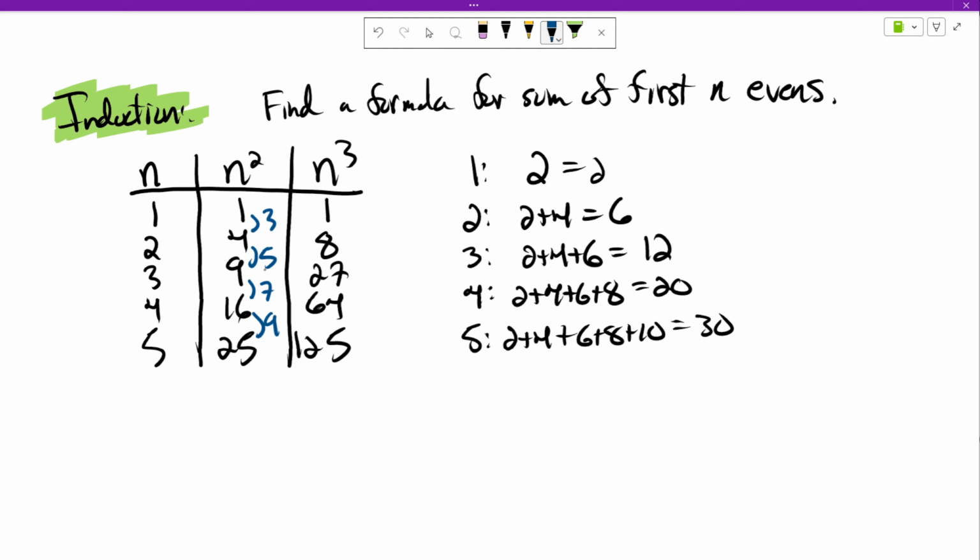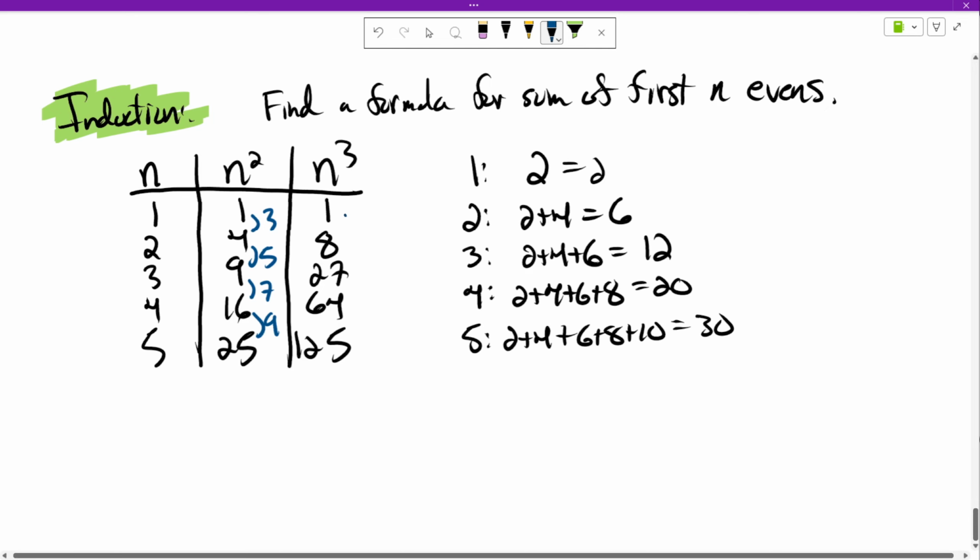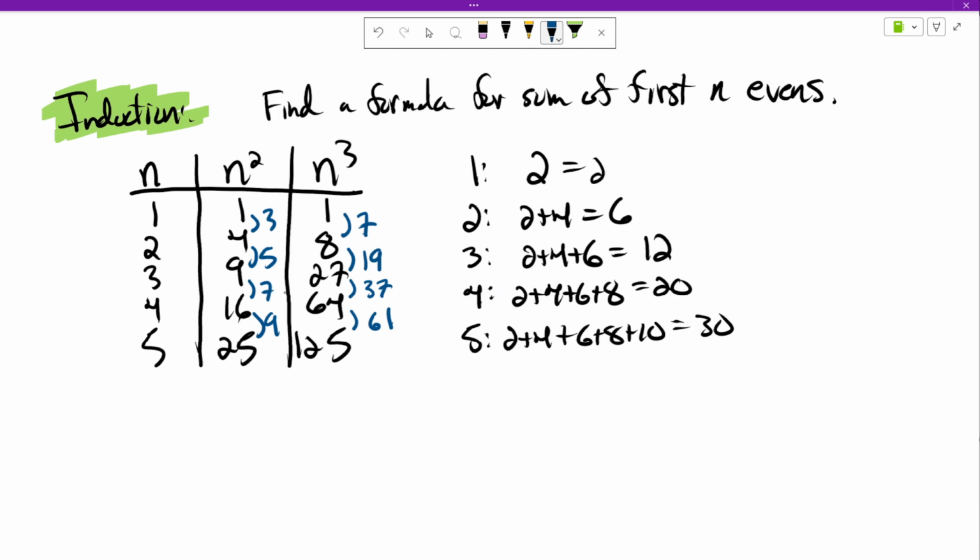The amount it goes up each time is by 2. For the cubes, the jump is 7, and then it's 19, and then it's 37, and then it's, what, 36 plus 25 is 61. So these are much bigger jumps than the squared examples.